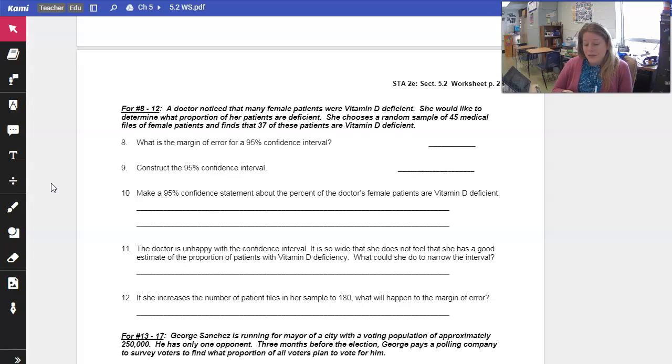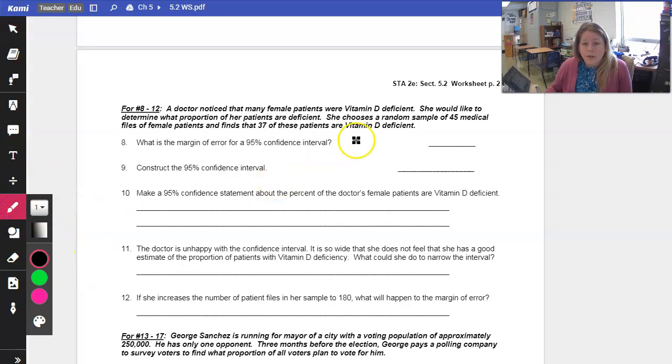So our margin of error is 14.9%, and we'll round that up to the nearest whole, so we'll put 15% there. So then the 95% confidence interval means we're going to take the statistic that we have, and we're going to add and subtract the confidence interval, or the margin of error.